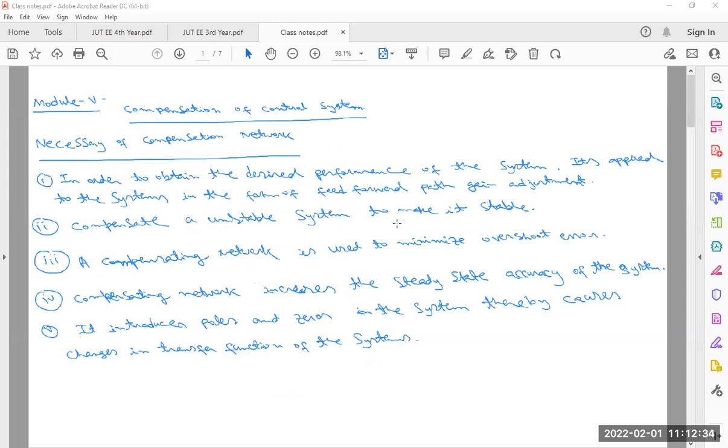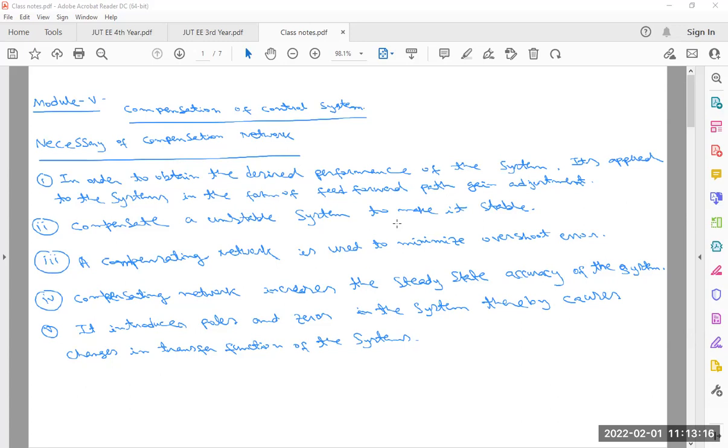Because, as we have also discussed in our previous three or four modules, the stability analysis of control system. In this module we have to collect ideas from different methods, that is Bode plot, root locus method, signal flow graph method, Routh stability criteria, Nyquist criteria, etc. So in this module we discuss the stability analysis of a given characteristic equation in our control system.